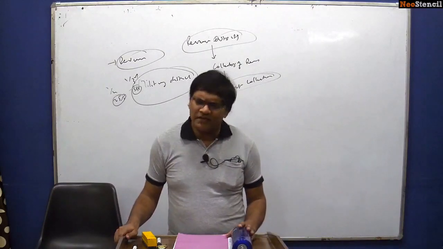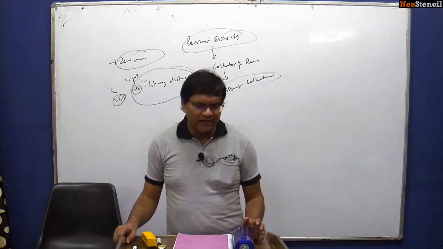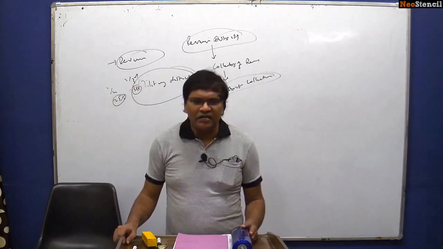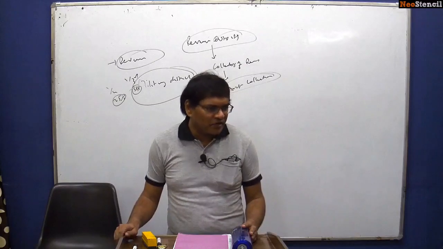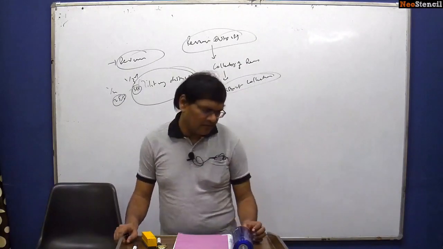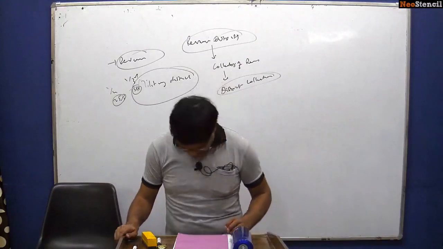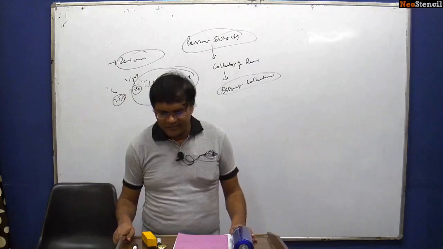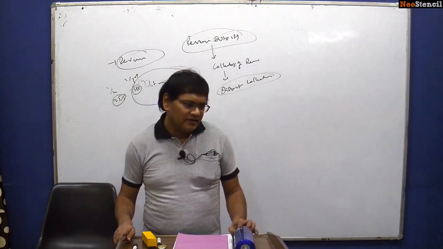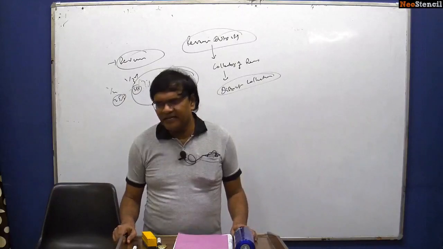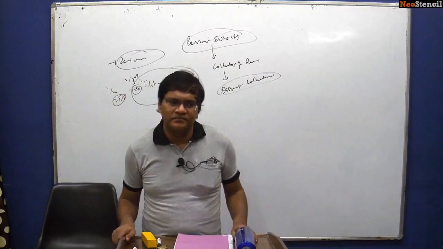Of course, what happened after that? The next governor generals and viceroys who came after him, they did not give much importance to local self-governments. The other governor generals and viceroys who came after Lord Ripon, they did not give any importance to local self-governments.